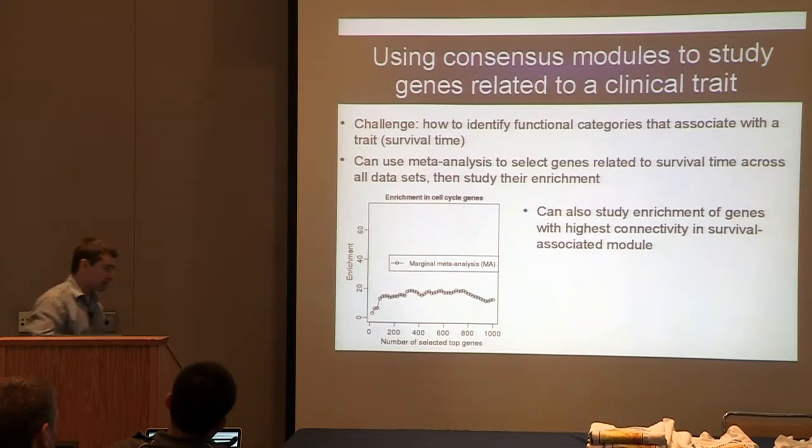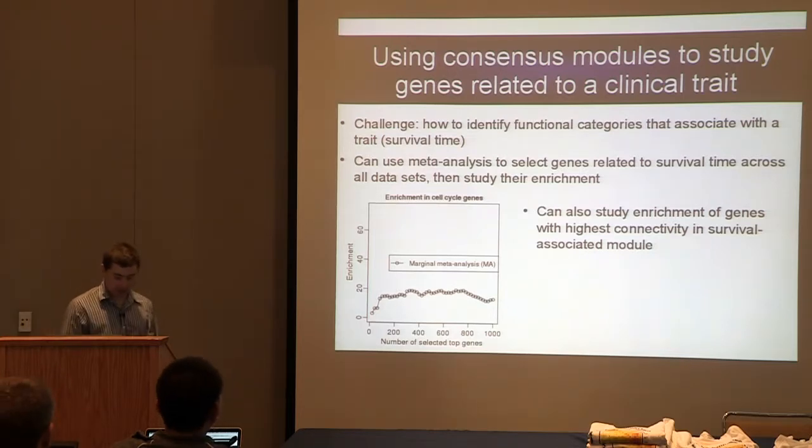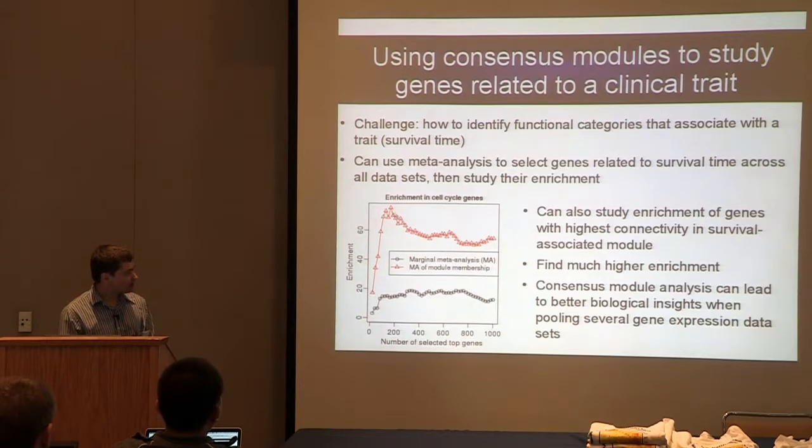That gives us a ranking, and we again select the same number of top genes, and we see what the enrichment is in the cell cycle. And you get a much higher enrichment, which means if you look at the consensus module, you will get a much cleaner functional annotation than you would get from just marginal meta-analysis, meaning meta-analysis without taking into account any of the network information.